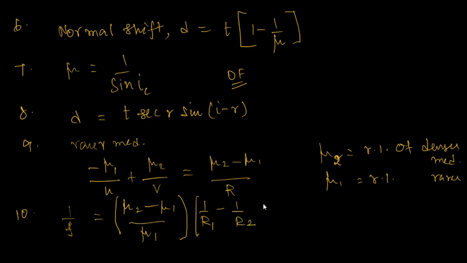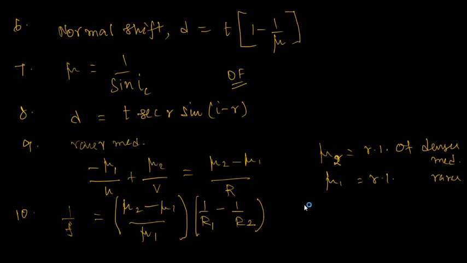So this is a very important one. r1, r2 are the radii of curvature, f is the focal length of the lens, and mu 1, mu 2 are the refractive indices of medium 1 and 2 respectively. Okay.